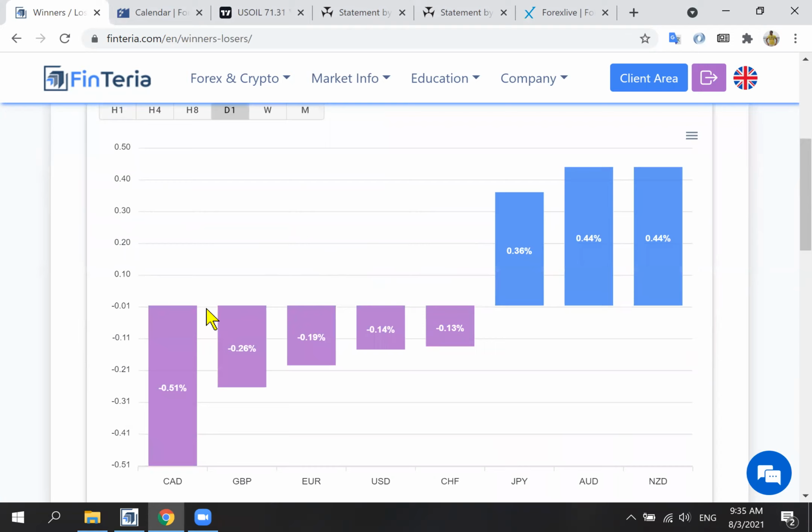We can see that the Canadian dollar was the weakest currency, and the strongest currencies were the Aussie and the Loonie. They grew 0.44%.